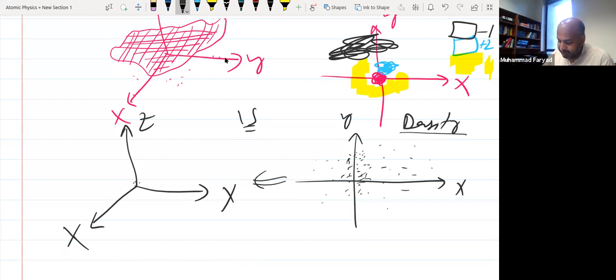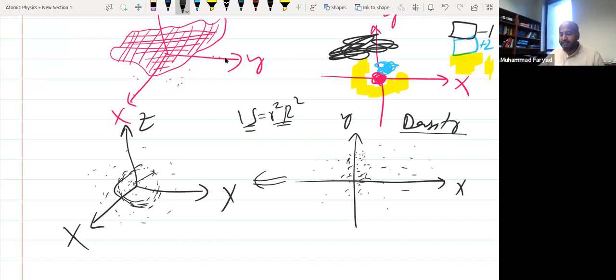Okay, since when we talk about this r square function, it has highest magnitude at a certain distance, and then it has a lower magnitude inside and lower magnitude outside. So maybe we can use some density map where density increases and then density decreases. So these density maps can be used in 2D and can be used in 3D.